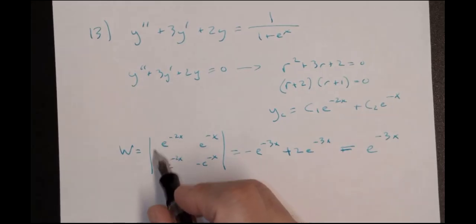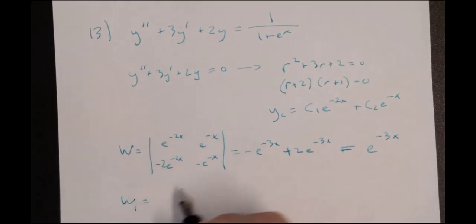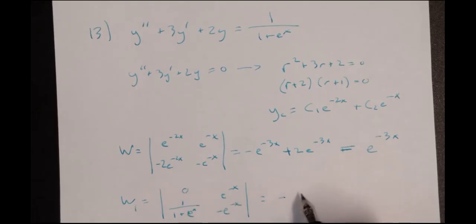Now, I replace the first column for W1 with a 0 on top and my solution on the bottom. So when I do the first two, that's a 0 minus e to the -x over 1 plus e to the x.